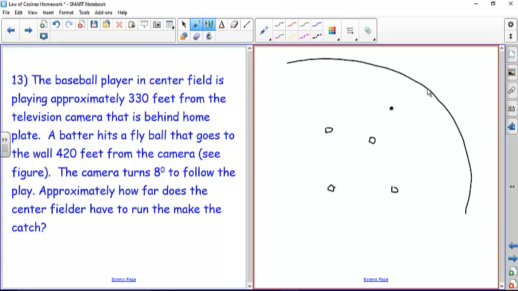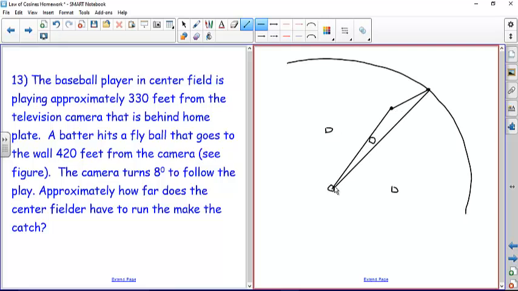The ball is hit to the wall just a little bit to the right. So this is from the home plate, which is where the camera is. And then he has to run like this, and that's the situation.